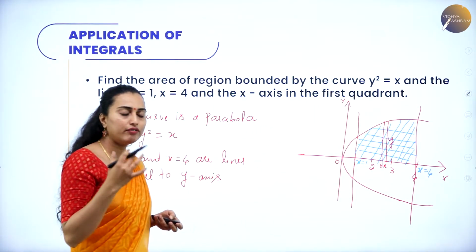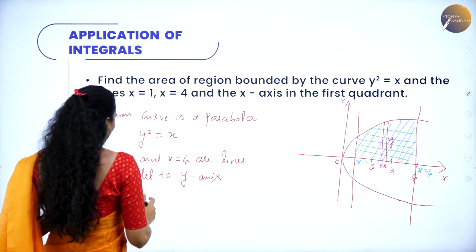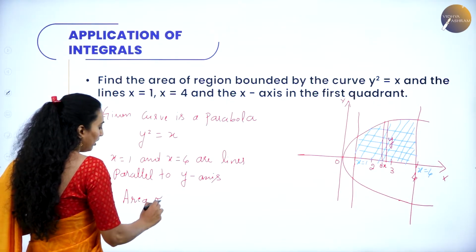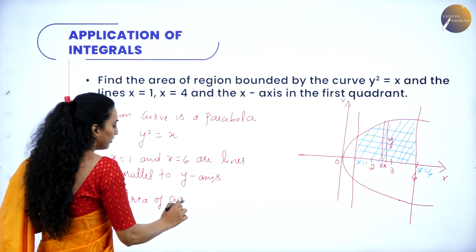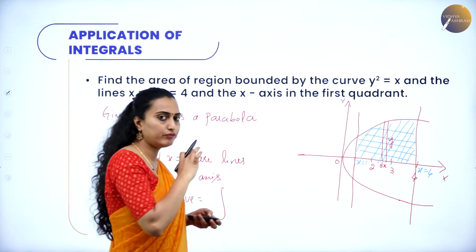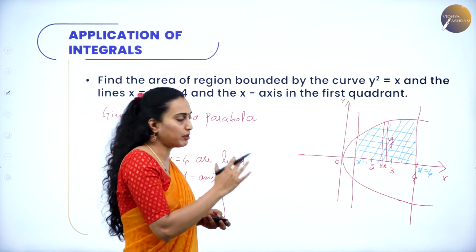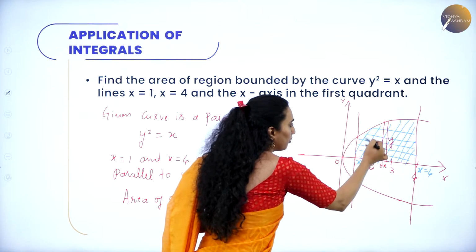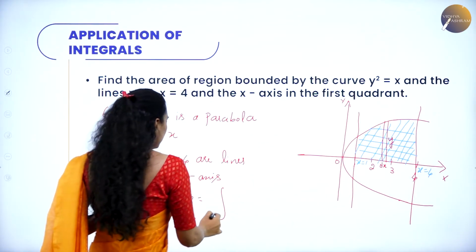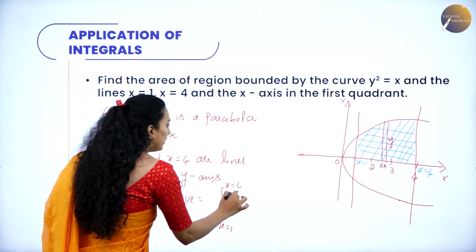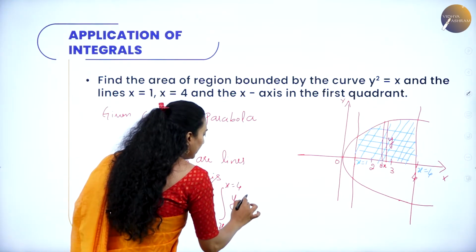So the area of the curve is the integral about the x-axis, from x = 1 to 4 in the first quadrant. So x = 1 will be the lower limit and 4 will be the upper limit, of y dx.